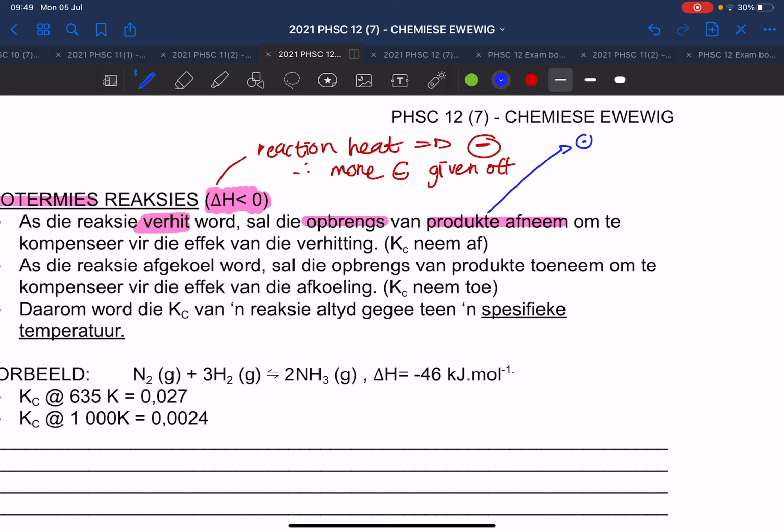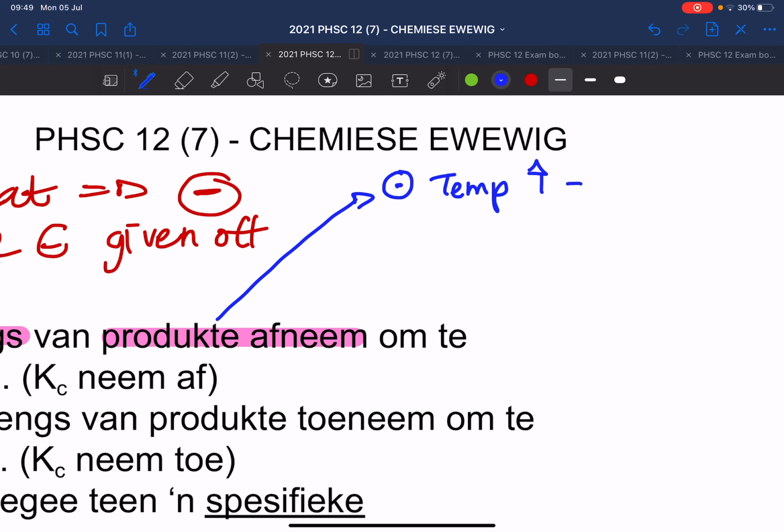Want if the temperature increases, as jy die temperatuur meer maak, dan gaan die endo bevoordeel word. The endothermic reaction will be favored. So you increase the temperature, the endo will be favored. The reverse will be favored. And in this reaction, the endo is the reverse reaction. Die endo is die terugwaartse reaksie.